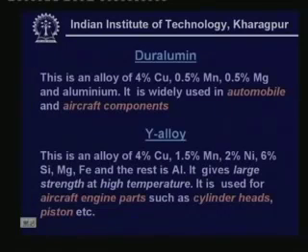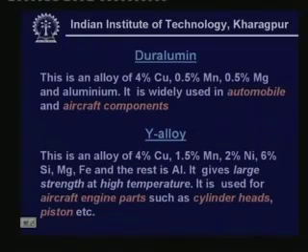It has to fly. Y alloy is an alloy again of aluminium which contains 4% copper, 1.5% manganese and 2% nickel. In addition to that, it has 6% silicon, magnesium, iron, and the rest is aluminium.